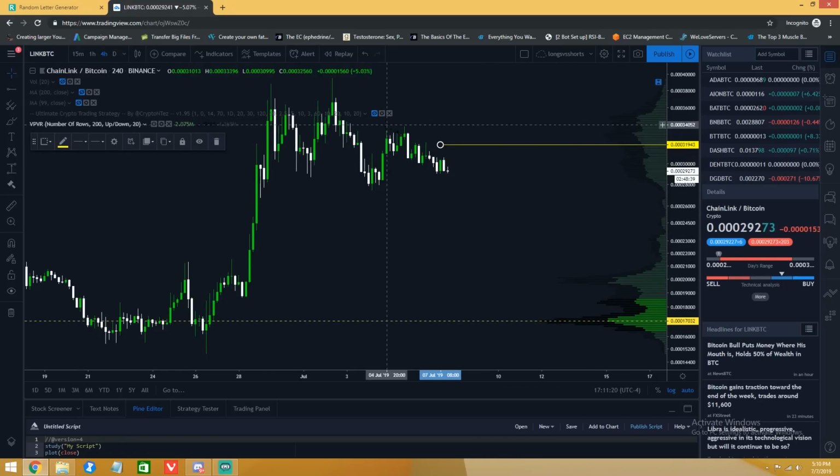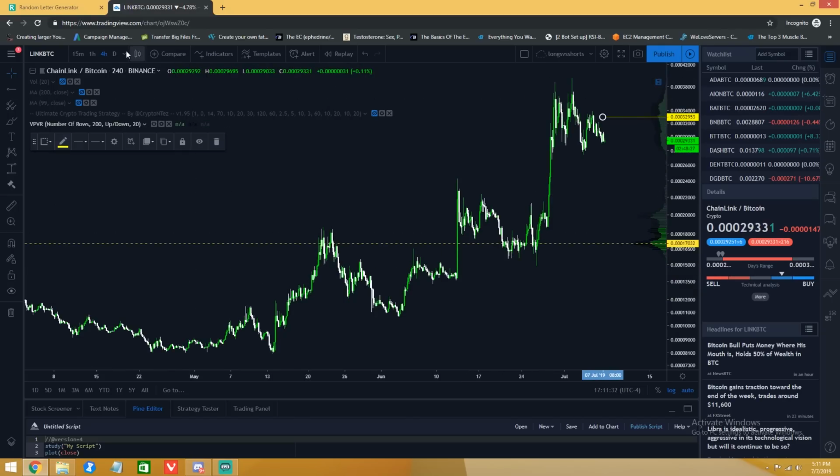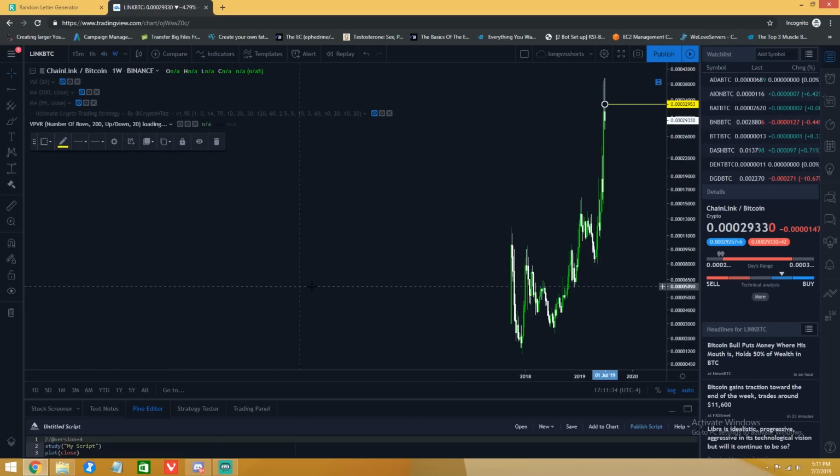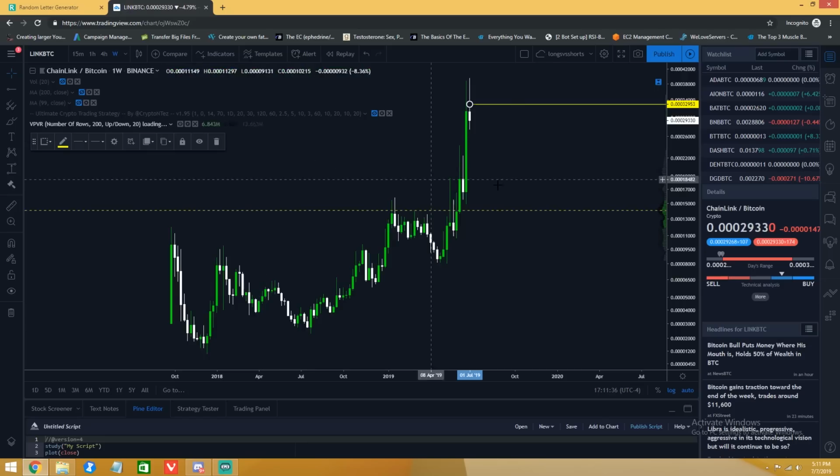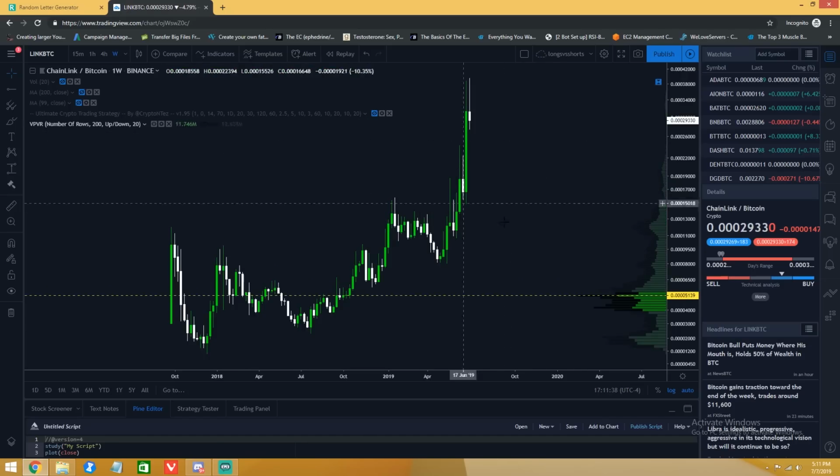You can see here that this is actually not the POC of this particular level. Obviously, this is the POC down here, but for this particular range, this would be the level. So you really want to zoom out, get a nice picture, and then you can zoom in on whatever you're trading to get a better idea of what's going on.